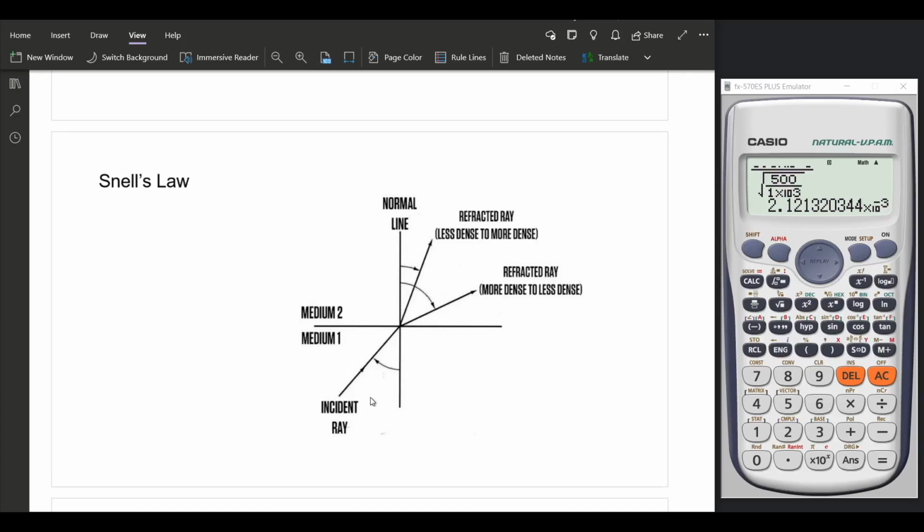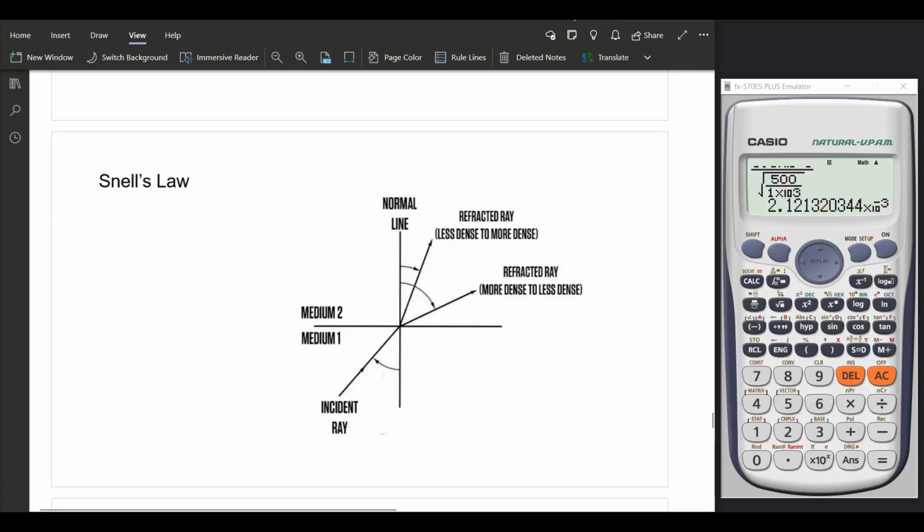Okay? So if nandito yung incident ray, pumasok siya dyan sa medium 2. Kapag galing siya sa less dense, papunta siya sa more dense, ang mangyayari, ganito. Okay? Ayan. Mas maliit yung ano niya or mas malapit siya dun sa normal line.